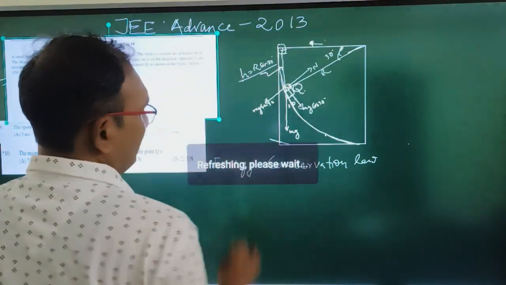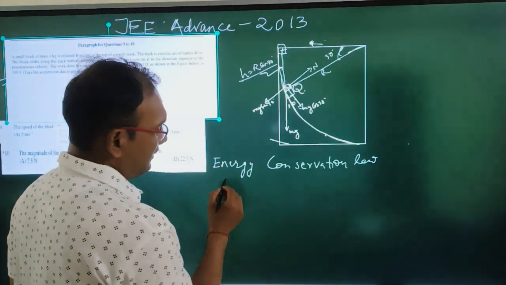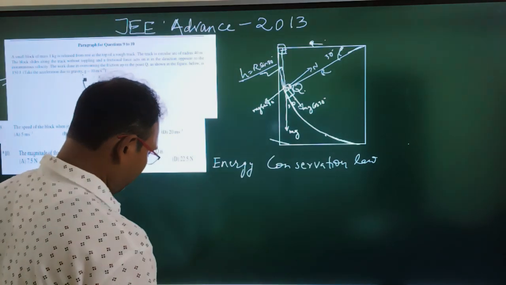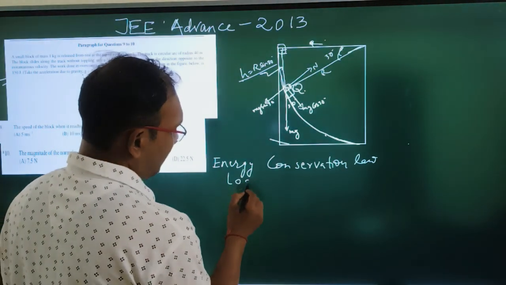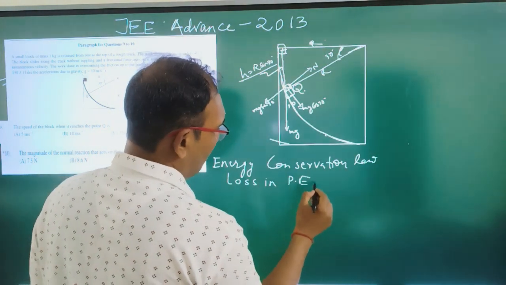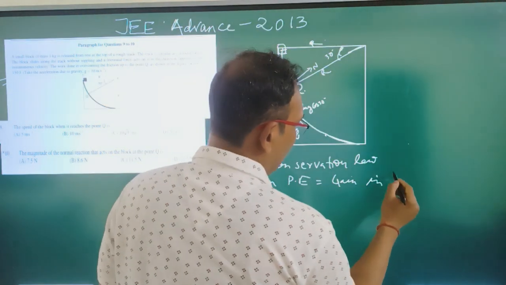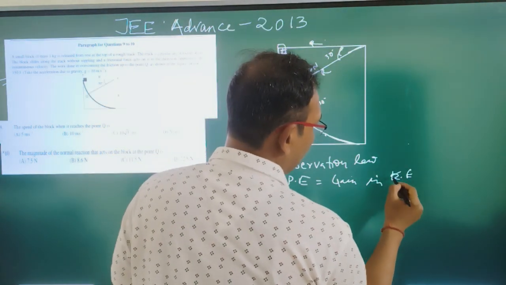So the law says that loss in potential energy, PE, is equal to gain in kinetic energy.